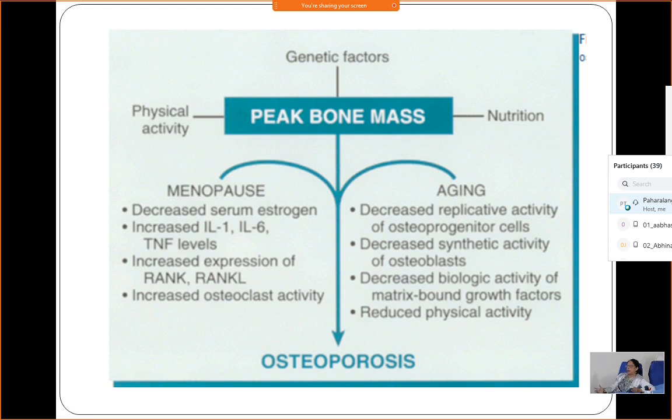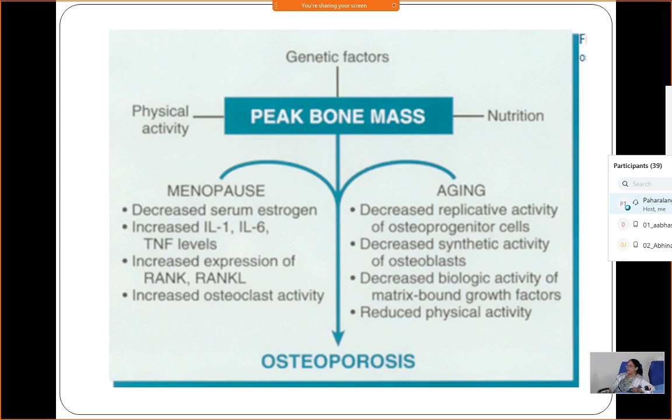From the osteoprogenitor cells come the osteoblasts, and these osteoblasts also have reduced synthetic activity as a person ages. The biological activity of the growth factors present in the matrix also reduces as a person ages. And another thing is, as a person ages, the physical activity also is less.